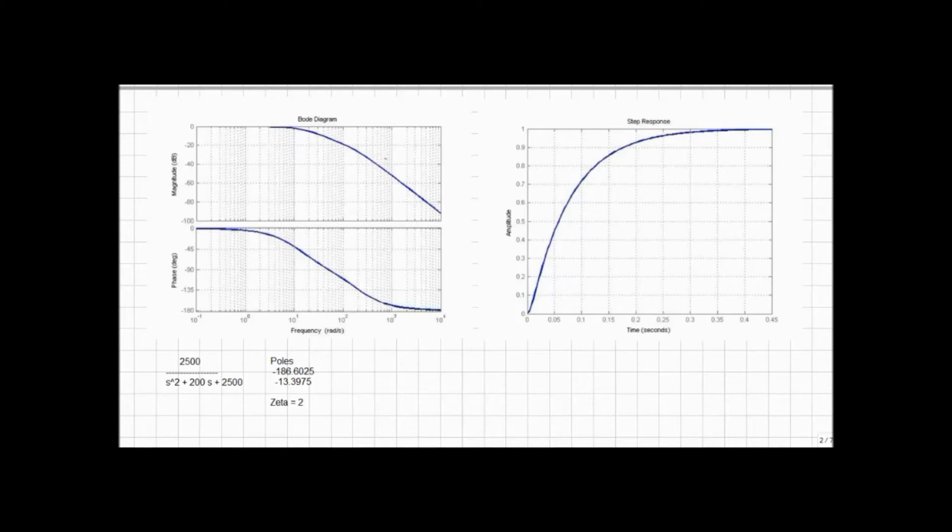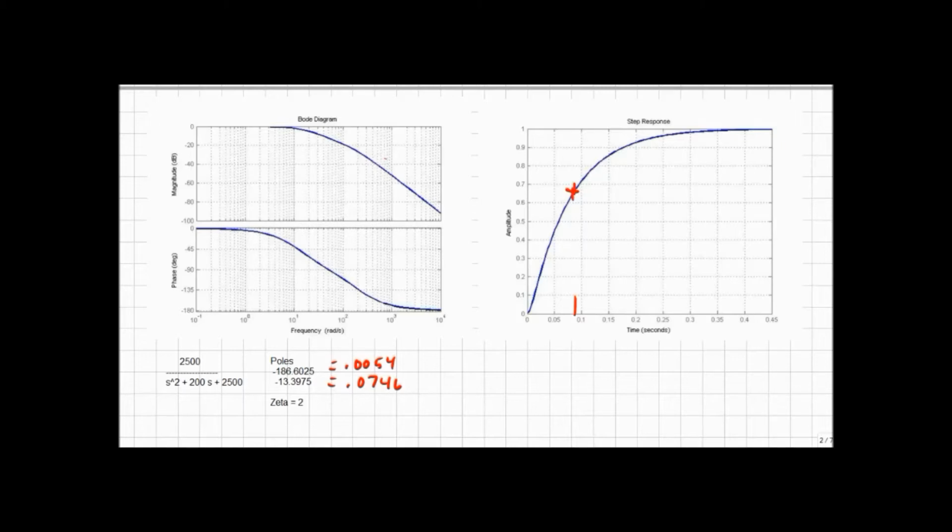If we were to look, 1 over 186 is 0.0054, and 1 over 13 is 0.0746, to give you an idea of about how long those are going to be around. 0.07, somewhere in here, that's right there.